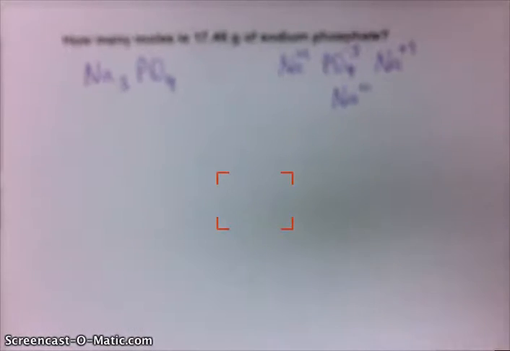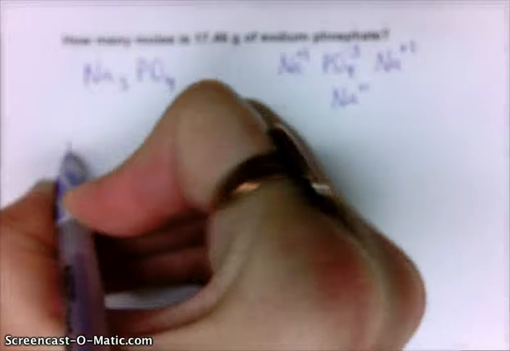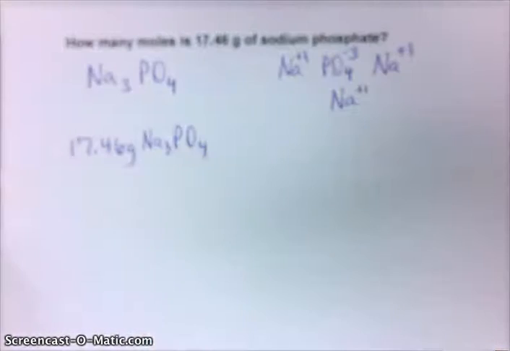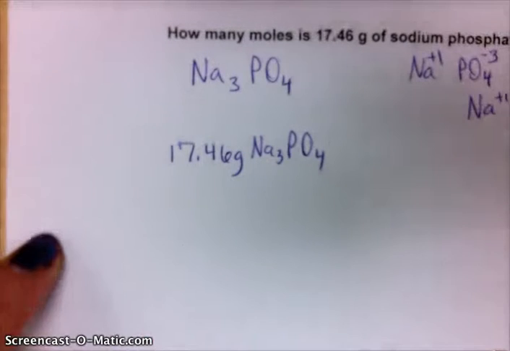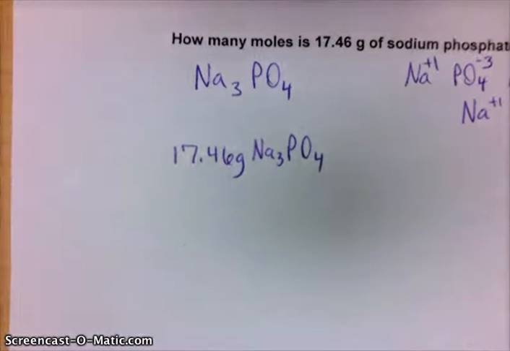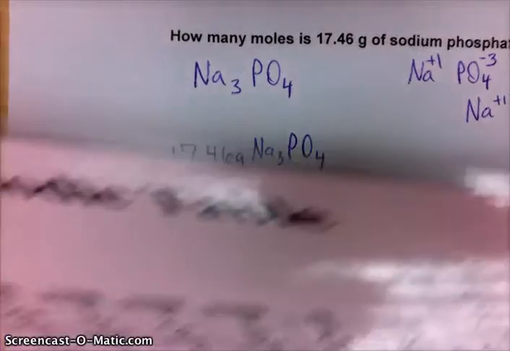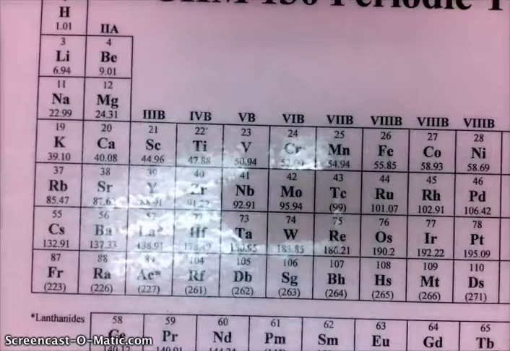Again, we began with 17.46 grams, so that's what we start with. 17.46 grams Na3PO4. Now we need to add up the molar mass. So we're going to use our periodic table.